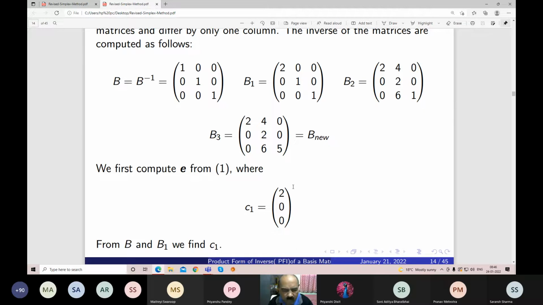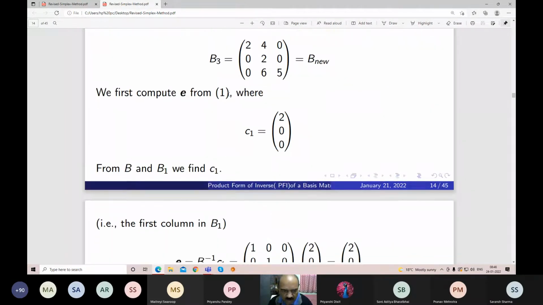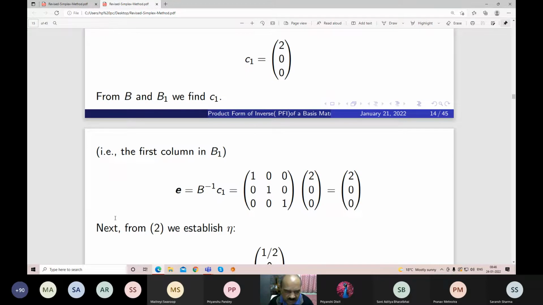See, only one column is different. So if you compare B and B1, C1 equal to 2, 0, 0. Once we have obtained this column C1, the 2, 0, 0, we multiply with B inverse. So our E is becoming B inverse into C1.